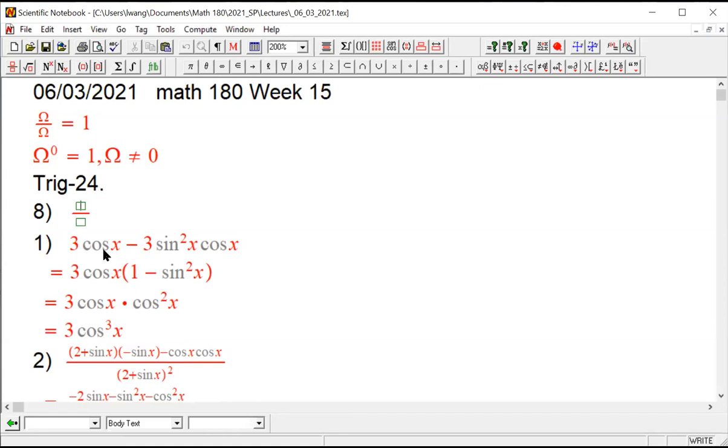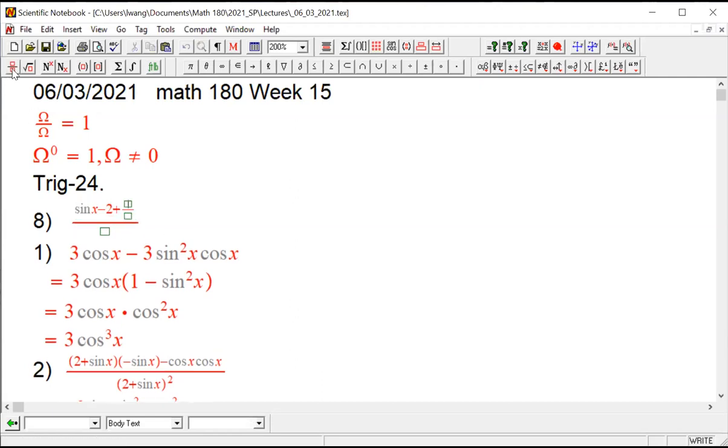You have sine x minus 2, plus 1 over sine x, and over sine x minus 1 over sine x.